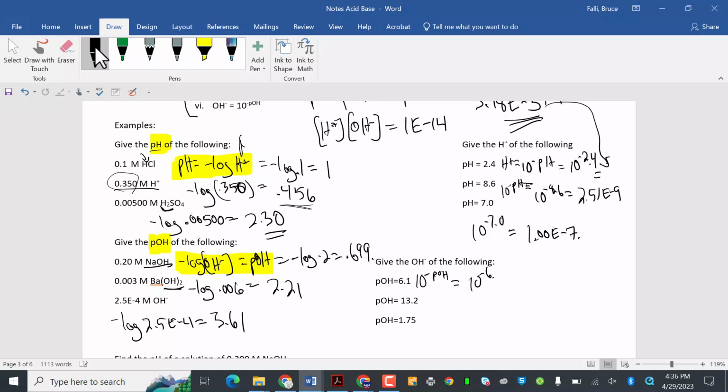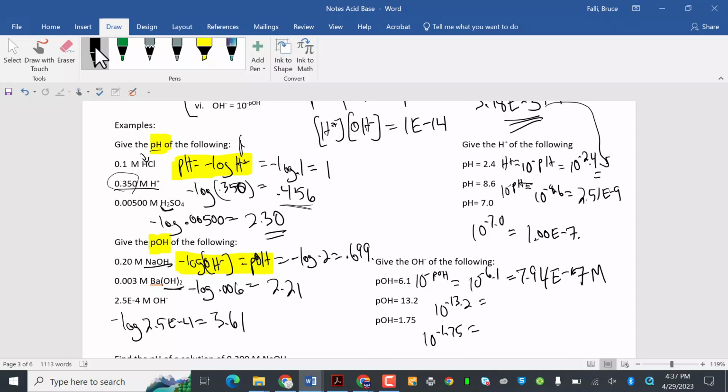10 to the negative 6.1. This would be 10 to the negative 13.2. This would be 10 to the negative 1.75. So I hope you can see how this is working now. Second log negative 6.1 is 7.94 E negative 7 molar.